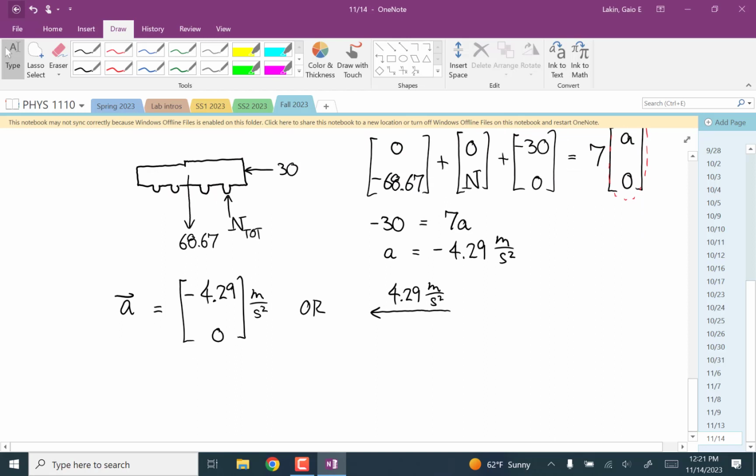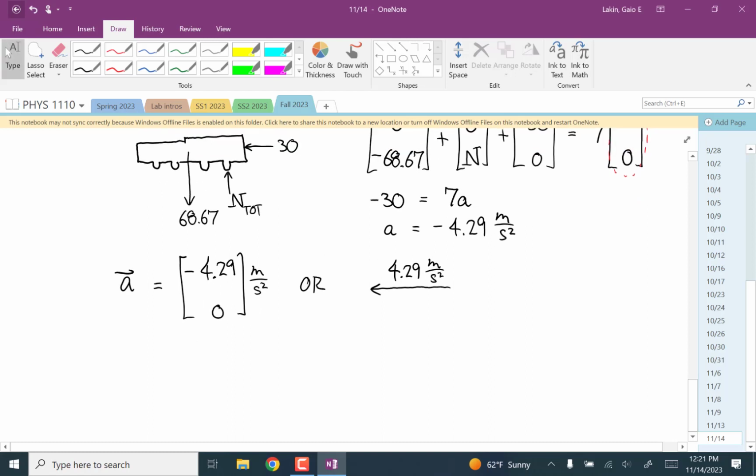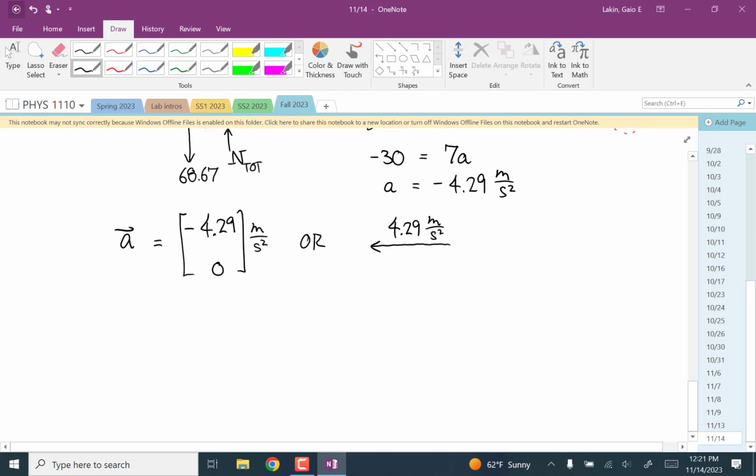And now we want the force applied to the 5 by the 2. You could get this by isolating either one of these if you keep Newton's third law in mind, but it's maybe a little more straightforward to just isolate the 5 kilogram in this case, so that's what I'm going to do.